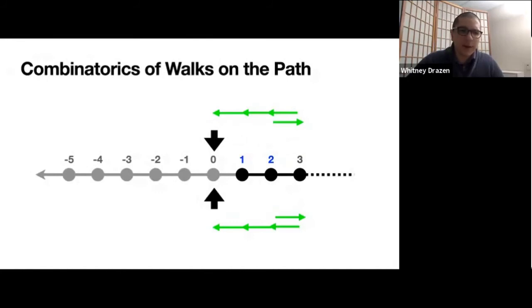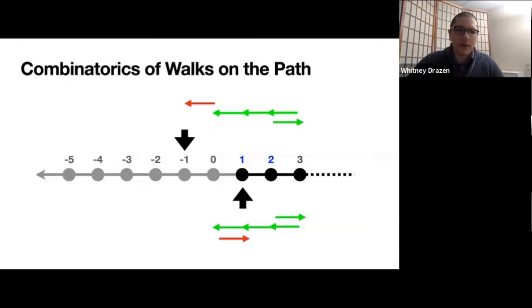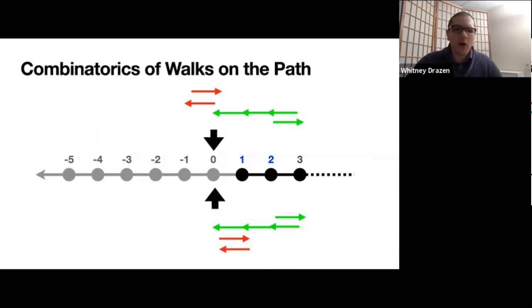So we can have a walk that mirrors the bad walk, the walk leaving the path. And then when we leave the path, we instead mirror the walk leaving the path and returning. We mirror that and count the one we mirrored.